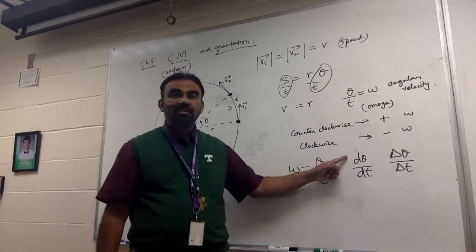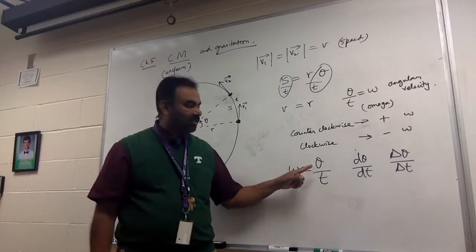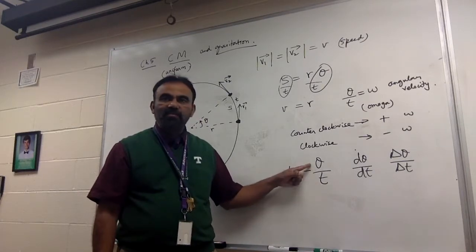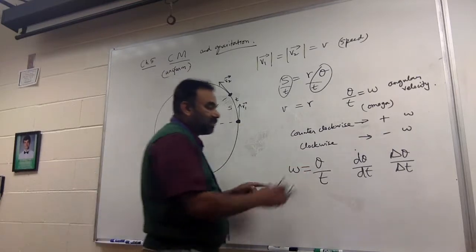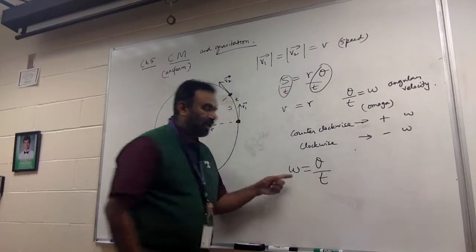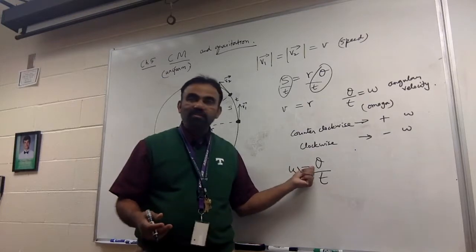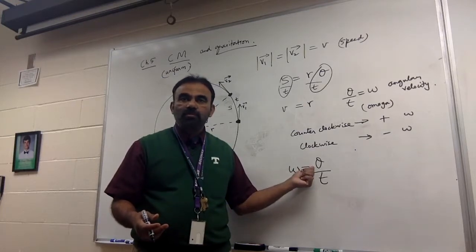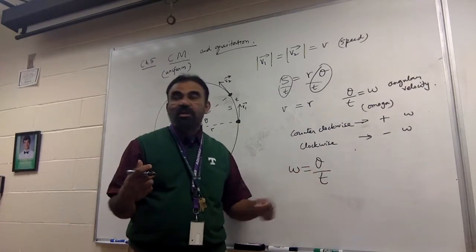It's in a small fraction of time, how much angle is covered. That's it. So omega is theta over t. Omega stands for angular velocity. And theta is angular displacement. Call it by the correct name. And that's time.